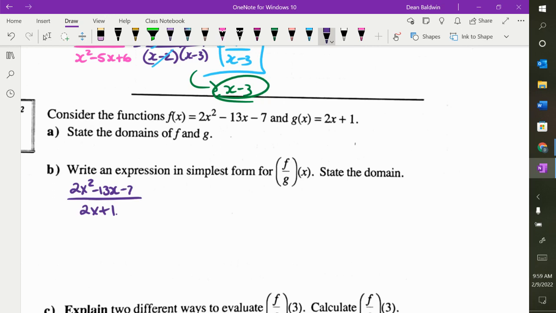If you don't know the restriction, just take the denominator and go, just like we did with the radical functions, 2x plus 1. What makes it 0? You move the 1 over, divide off the 2. That's your domain restriction, okay? So the domain restriction is x cannot equal negative 1/2.